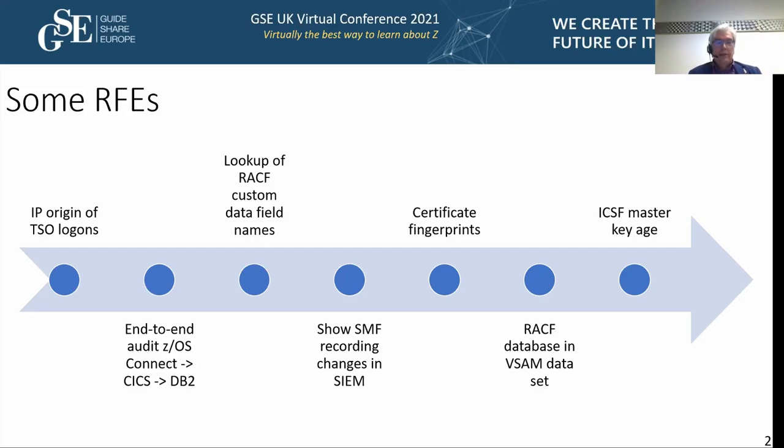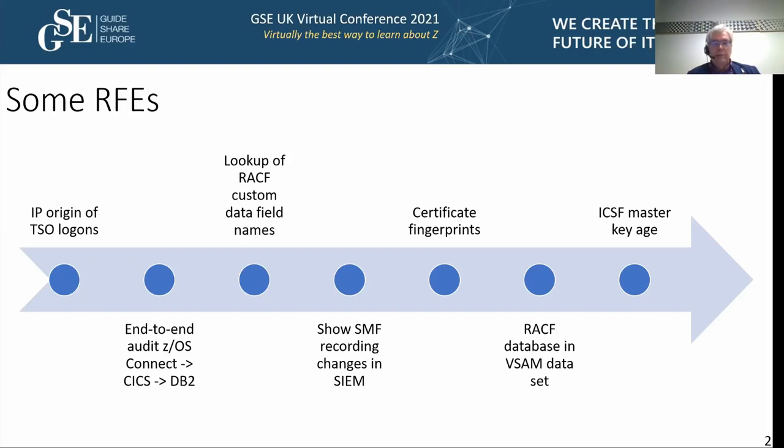And I'm talking about TSO logons via TN3270. Another feature is the end-to-end audit for if you come in through z/OS Connect, one of the modern web interfaces, and then you're calling CICS, and CICS is calling DB2. How do you tie all that together?